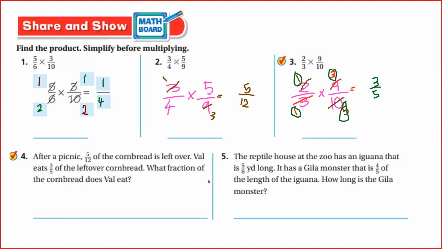You multiply 1 by half. Now here, Sama, 5 over 12, you have to multiply it by 3 over 5. What do you have to do here?